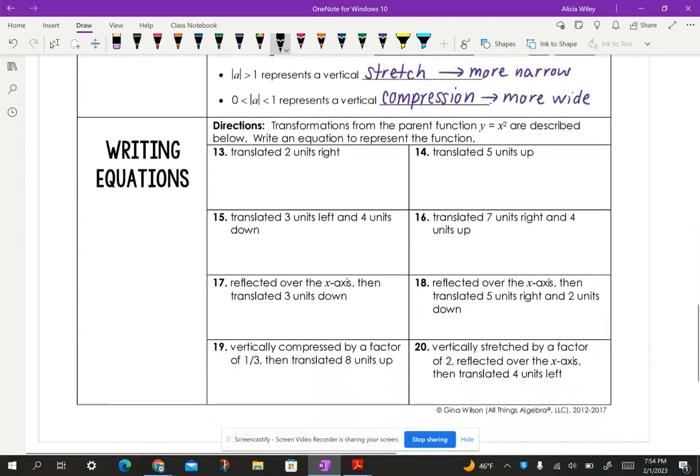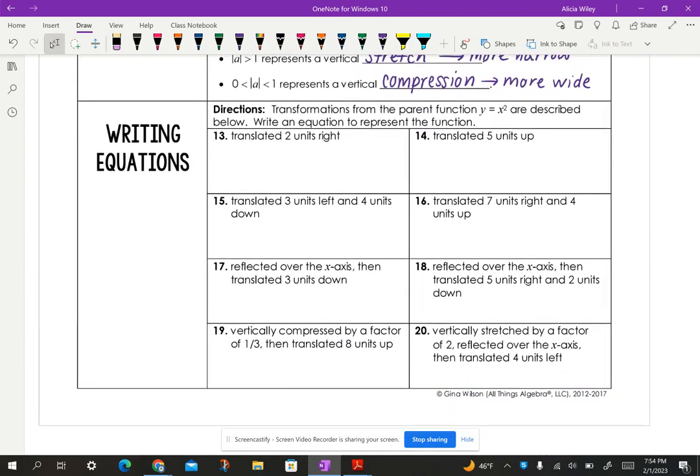The last thing is down here, writing an equation. When you're writing an equation, basically you are going to take your vertex form and read the description here, filling in values for a, h, and k, depending on the transformation being described.